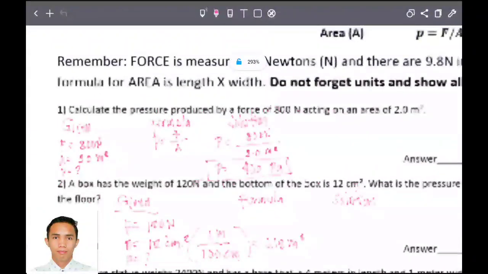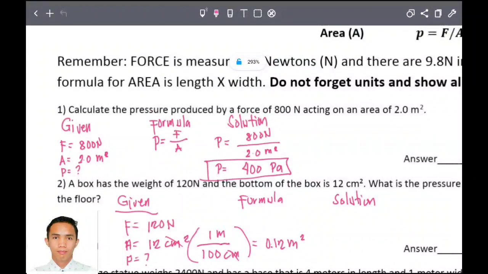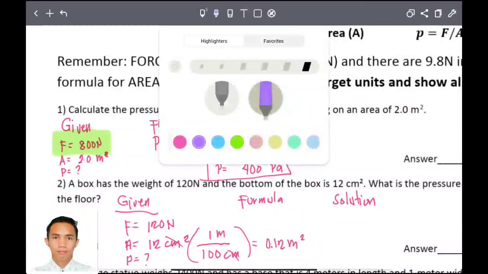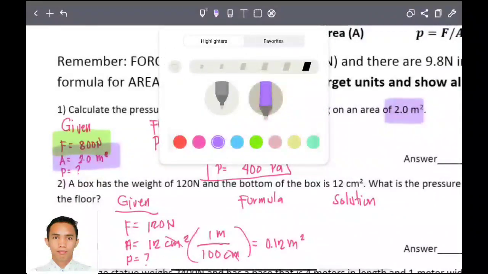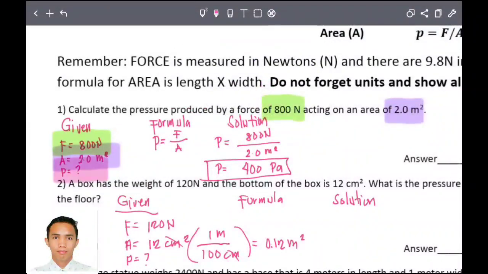For example, here, the given we have is 800 newtons for force. Then we have 2 square meters for area. Then the question is, what is the pressure?